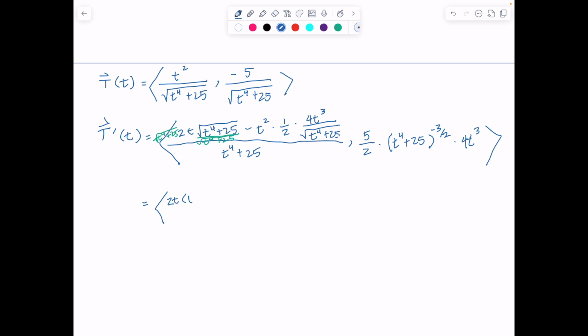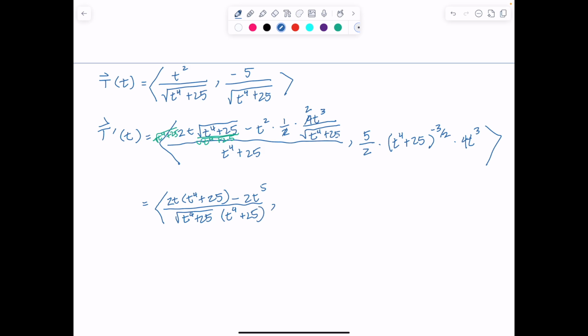2t times the quantity t to the fourth plus 25 minus, this 2 divides out some of the 4, so we'll have minus 2t to the fifth, and that's all over the square root of t to the fourth plus 25 times quantity t to the fourth plus 25 to the 1.